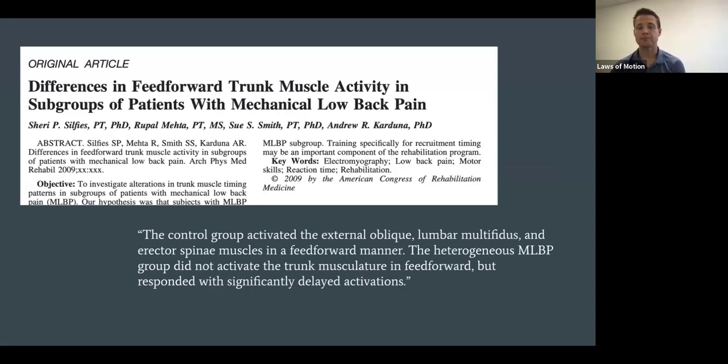The control group, people without low back pain, had an activation of the external obliques, the lumbar multifidus, and the erector spinae muscles in a feed-forward manner, meaning they fired just as I'm about to move my arm. Versus the people who had mechanical low back pain, or MLBP. They did not have the activation of the trunk muscles in a feed-forward mechanism, but they might have a delayed response, or they might have no response at all. They may have an absent core engagement.